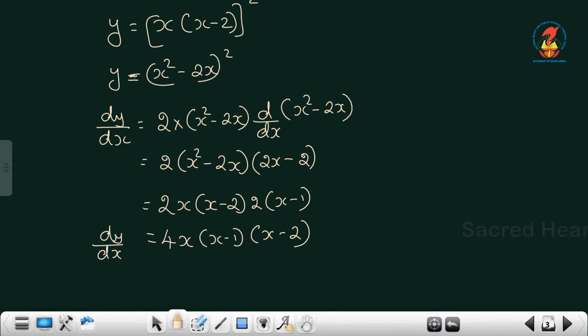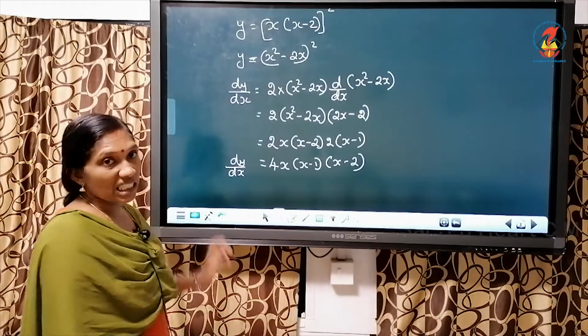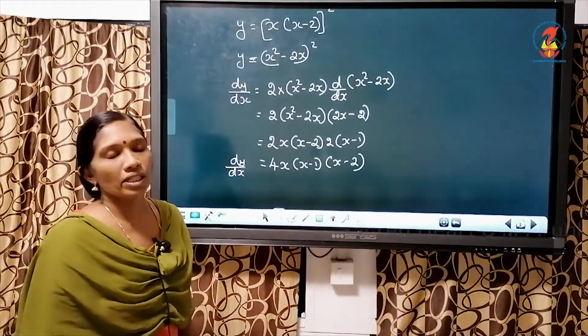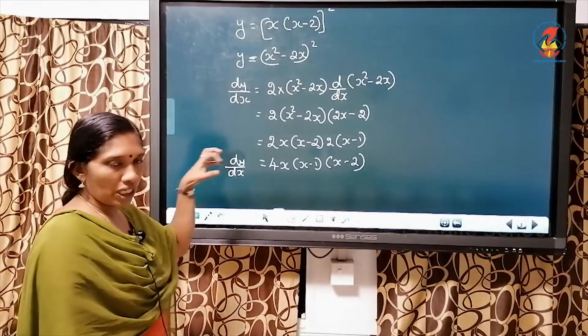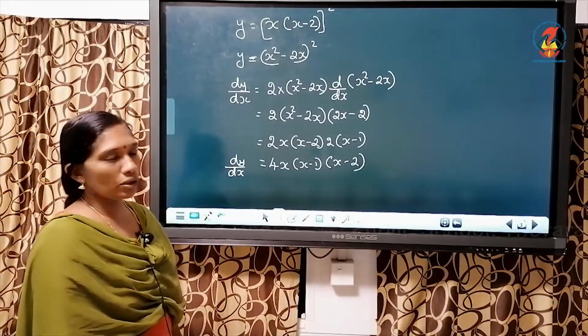Then, in the last class we discussed how to find the intervals in which the function is increasing or decreasing. For that we have to put dy by dx equal to 0.